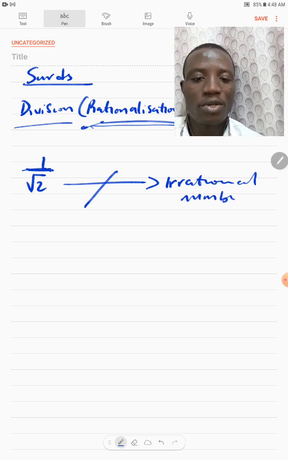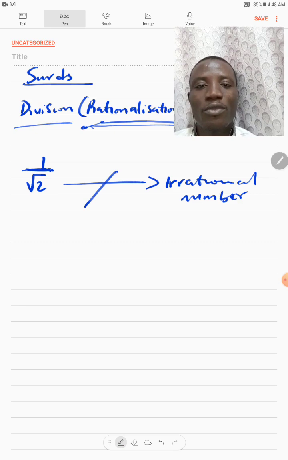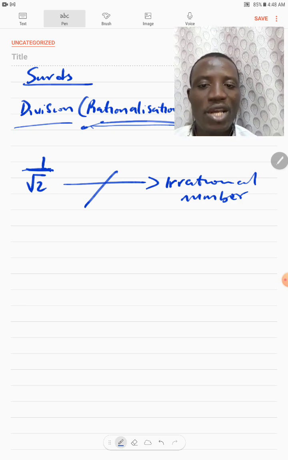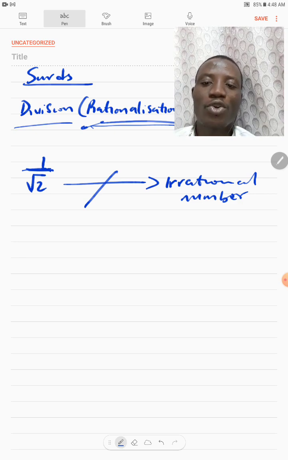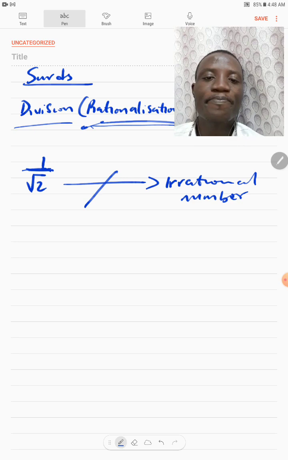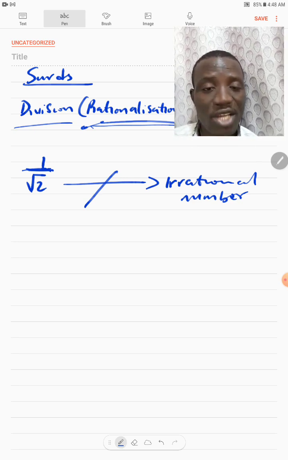That's the basic thing you need to learn in surds. Your denominator should not be left as an irrational number. So the process of changing the denominator to a rational number is what we mean by rationalization.